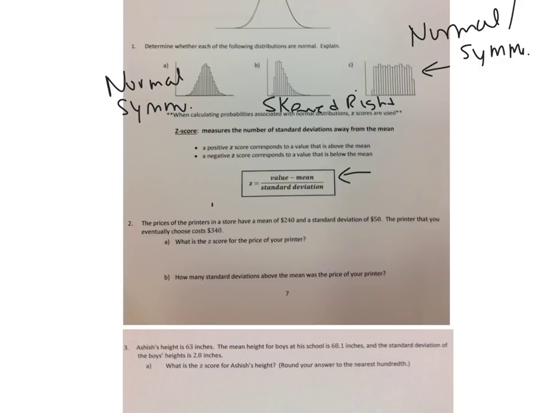So this right here, your 340, that is your value. Right? This here stands for your mean, and this here stands for your standard deviation, which I'm going to label ST. So to find the z-score, you're going to write z equals, and you're going to put 340 minus 240 divided by 50.